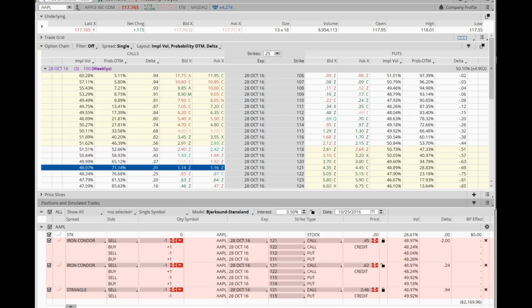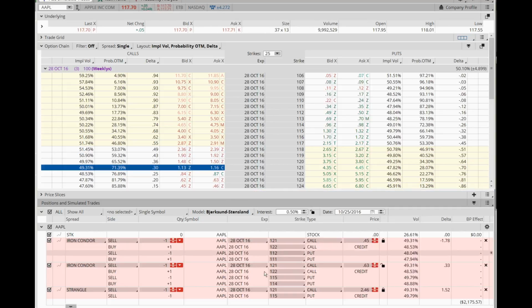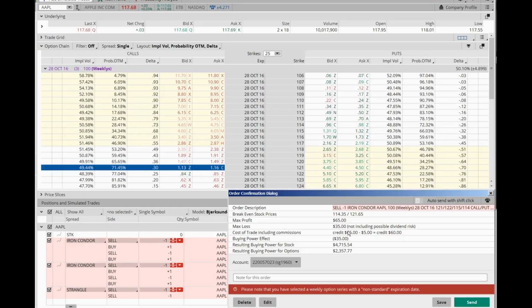Which one is more conservative? Of course, Mr. Hawk. Remember the rule of return over risk. For 45 cents divided by 55 cents, what is the return? Here is 65 cents divided by 35 cents.